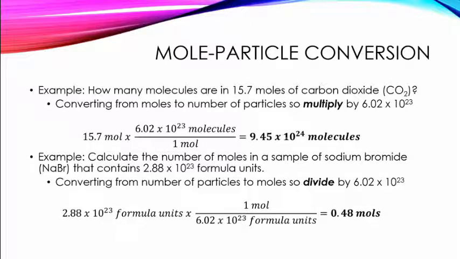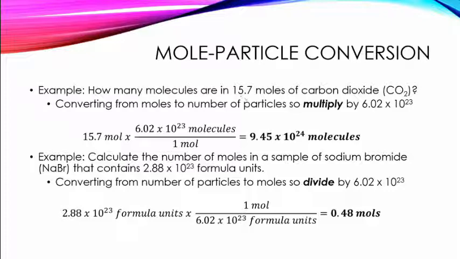Okay, so examples. With these, I'm going to try to point out how I know what they give me and what they're looking for, because that is something a lot of people have an issue with and are confused by. My first question: how many molecules are in 15.7 moles of carbon dioxide?